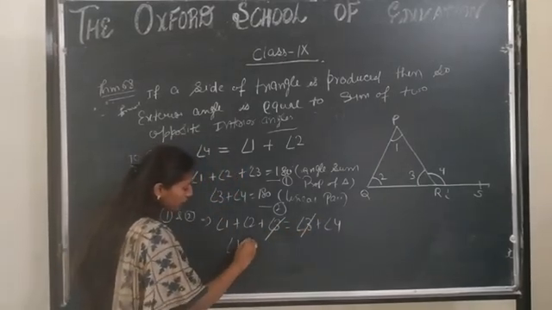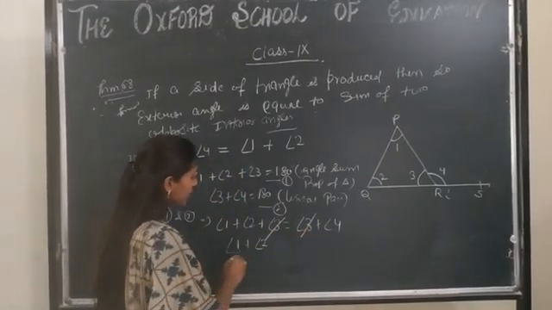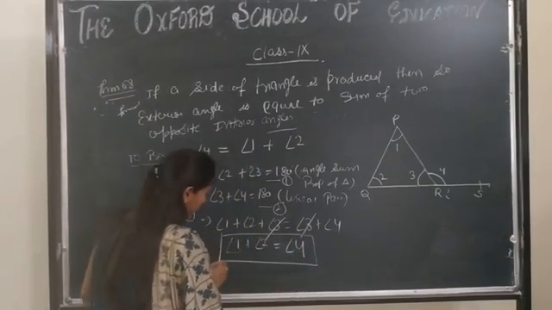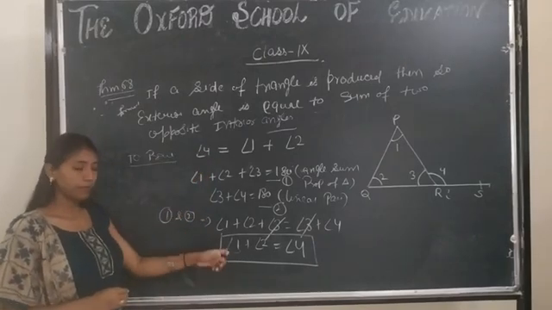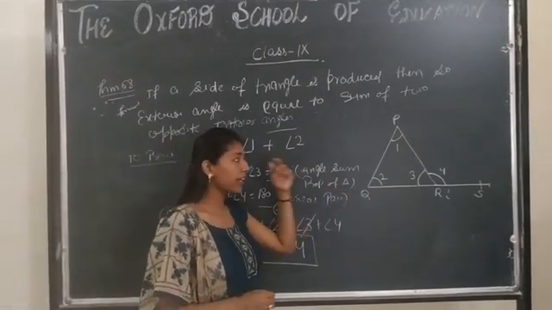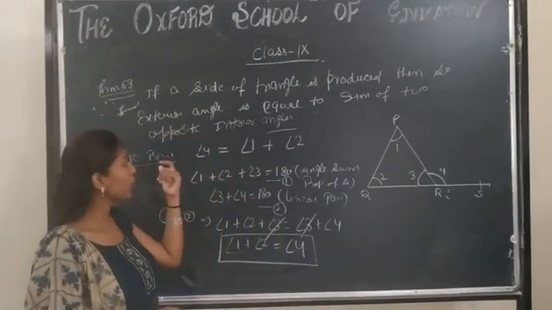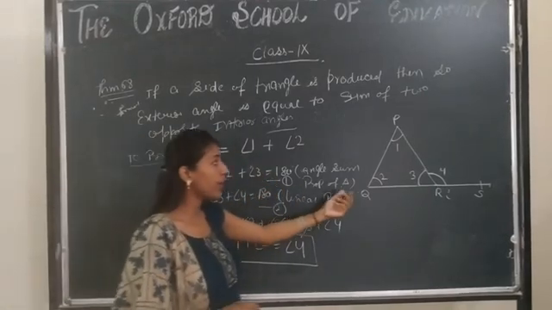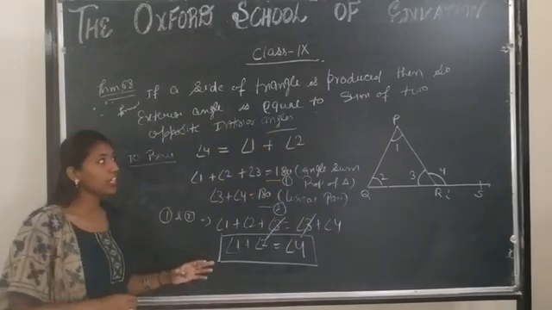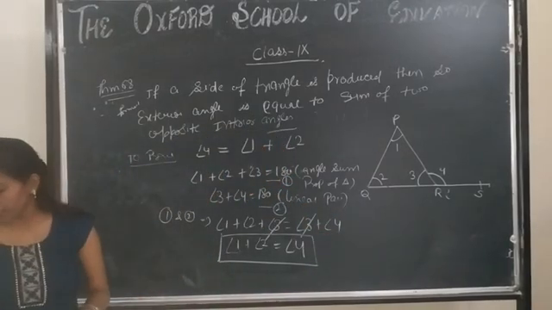What is left? Angle 1 plus angle 2 is equal to angle 4. So we prove the result that exterior angle is equal to the sum of two opposite interior angles, only when the side is produced.